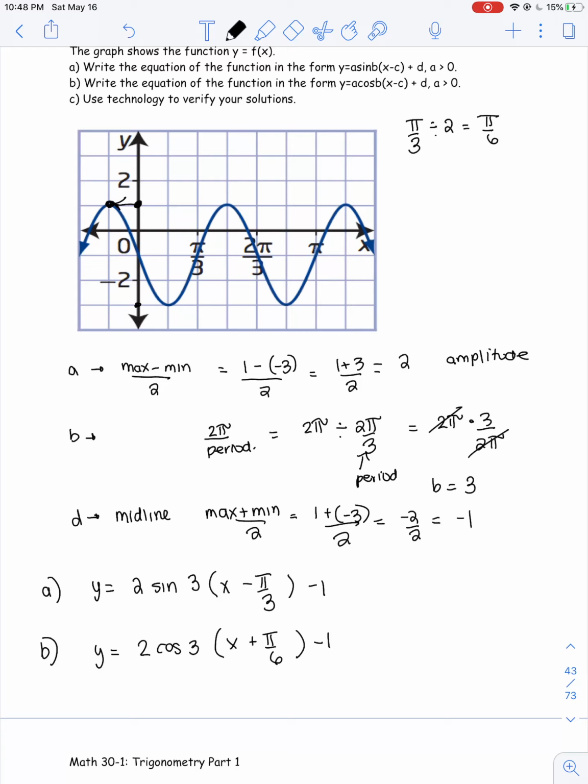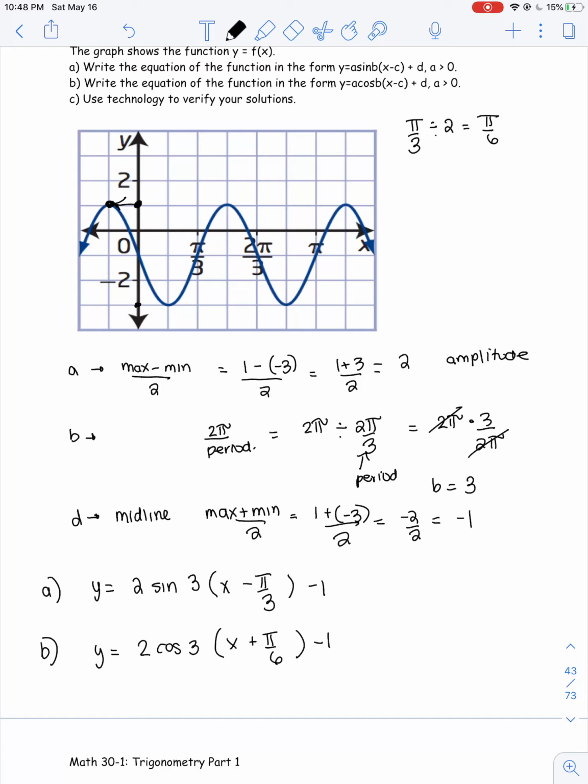Now what you can do to check is you can graph both of these and see if it looks like the image that we have right here. As long as you change the window to look exactly like this, then you should be able to check the values. So make sure that you're in the right mode first of all. And then change your window so that you have -3 as your minimum, and then +1 as your maximum.